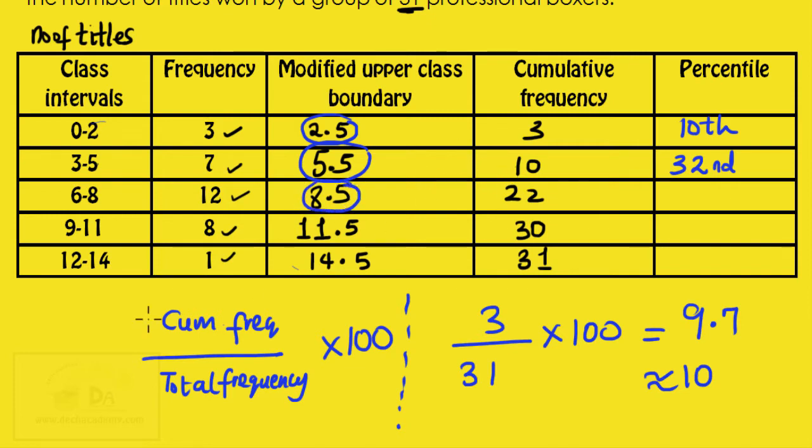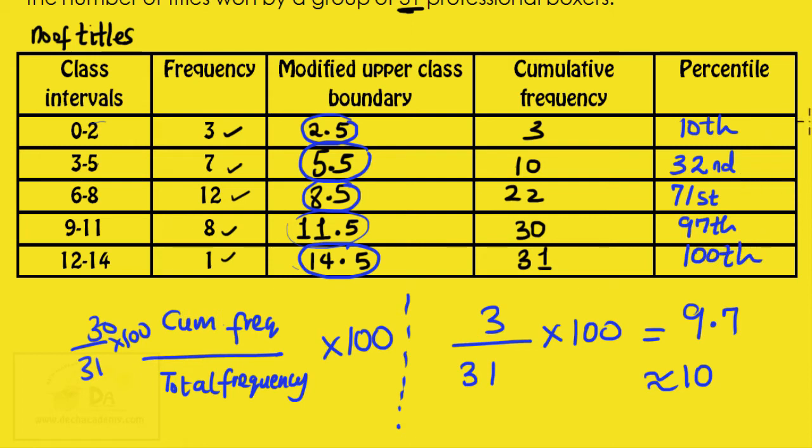So 22 divided by the total frequency 31 times 100, I'll get the 71st percentile. Same thing for this upper class boundary. 30, the cumulative frequency, divided by the total frequency times 100, and I'll get approximately the 97th percentile. And do the same thing for this upper class boundary of 14.5 will give the 100th percentile.